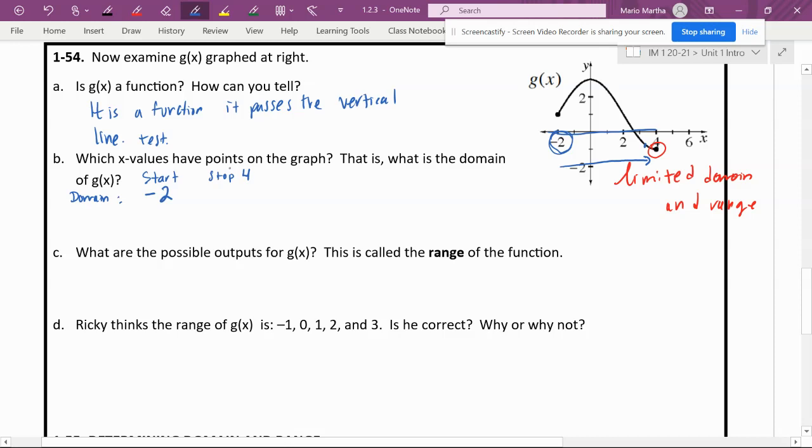Now, there is a big difference that we probably have seen before. You can have open circles at the ends, or two closed circles at the ends, or arrows, or any combination of these.